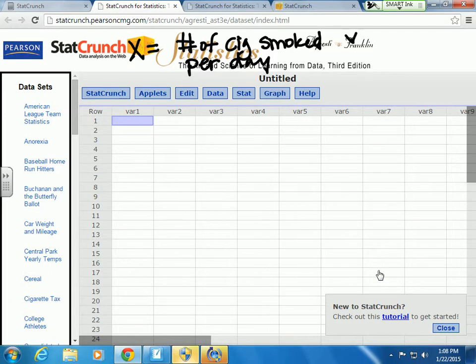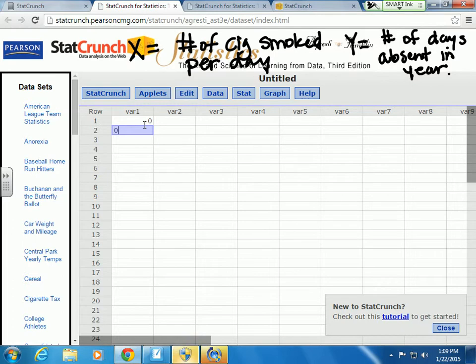And y is going to equal the number of days absent in a year. So we want to know, is there a linear relationship between the number of cigarettes a person smokes per day and the number of days absent in a year? I'm going to give you some of the data. I'm going to type it in and show you how to use StatCrunch if you haven't used it a lot. So here are my data points.